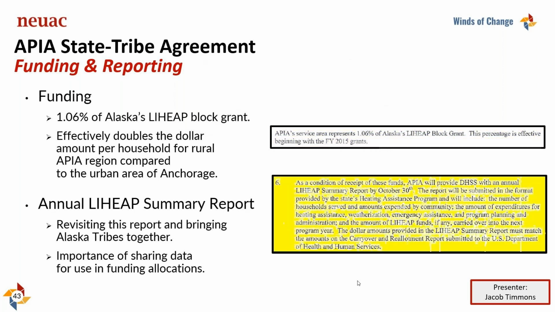Another interesting part of our state tribal agreement is a condition that we provide an annual LIHEAP summary report. While it is in our agreement, and we used to do this maybe 5 years ago, we haven't had a request for this report come for quite some time from the state of Alaska. I believe this was previously used to determine funding allocations, which would be a great way to compare data, especially if all of our tribes came together and submitted our data together.